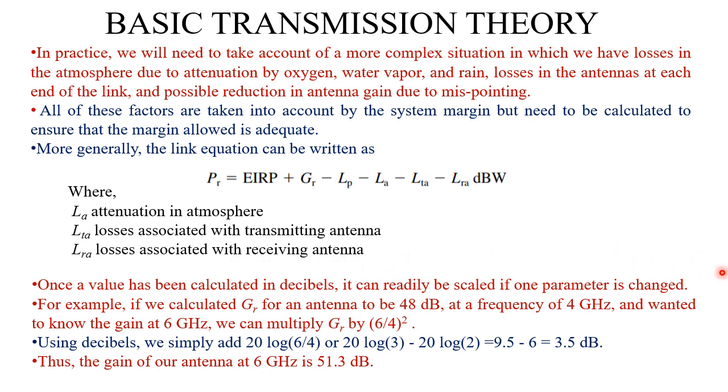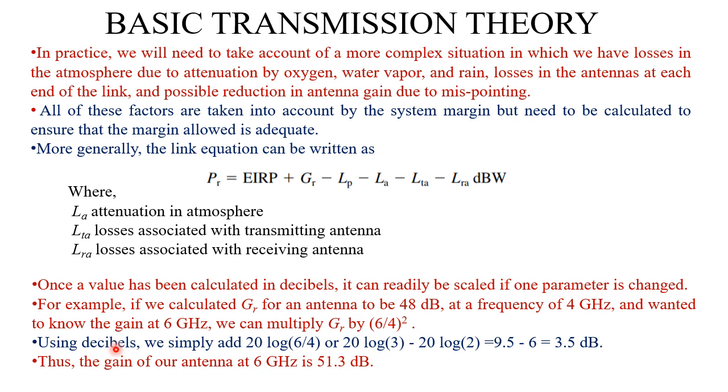Once a value has been calculated in decibel, it can readily be scaled if one parameter is changed. Like if we calculated GR for an antenna to be say 48 dB at a frequency of say 4 gigahertz and wanted to know the gain at 6 gigahertz, we can multiply this GR by 6 by 4 whole square.